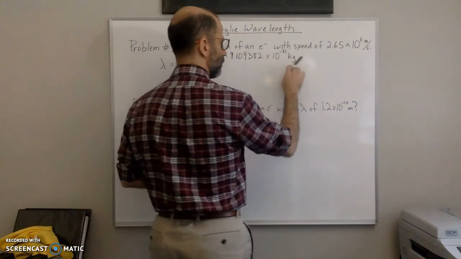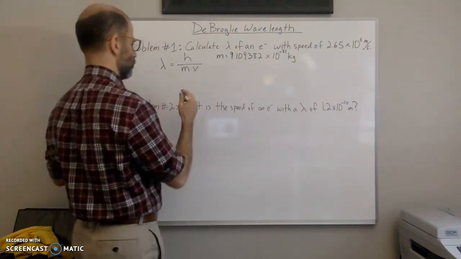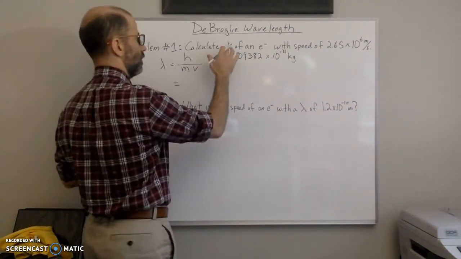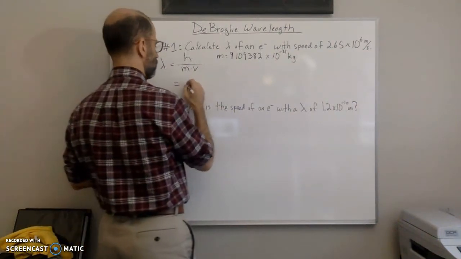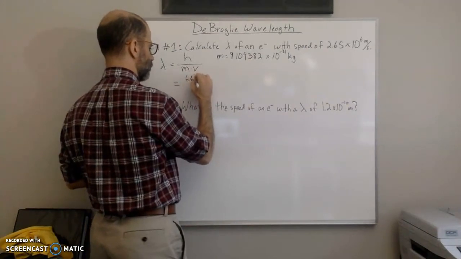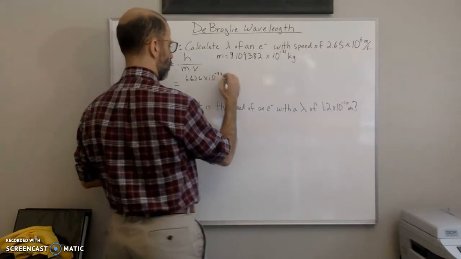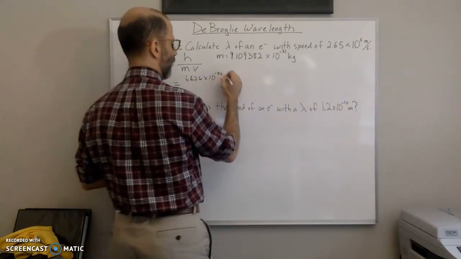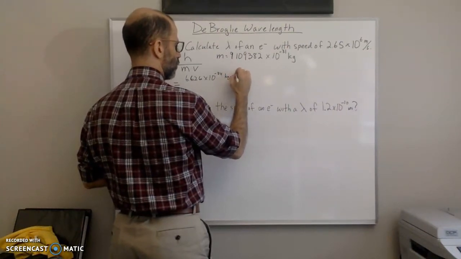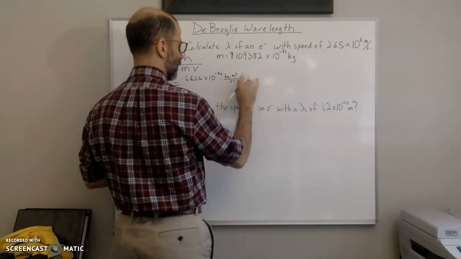So we got the mass of our electron, we've got the speed, we know Planck's constant, so we just plug everything in and we'll find lambda, which is the wavelength. So we have 6.626 times 10 to the negative 34 joule seconds, but we'll write out joules as kilograms meters squared over second squared, and then we have our seconds.